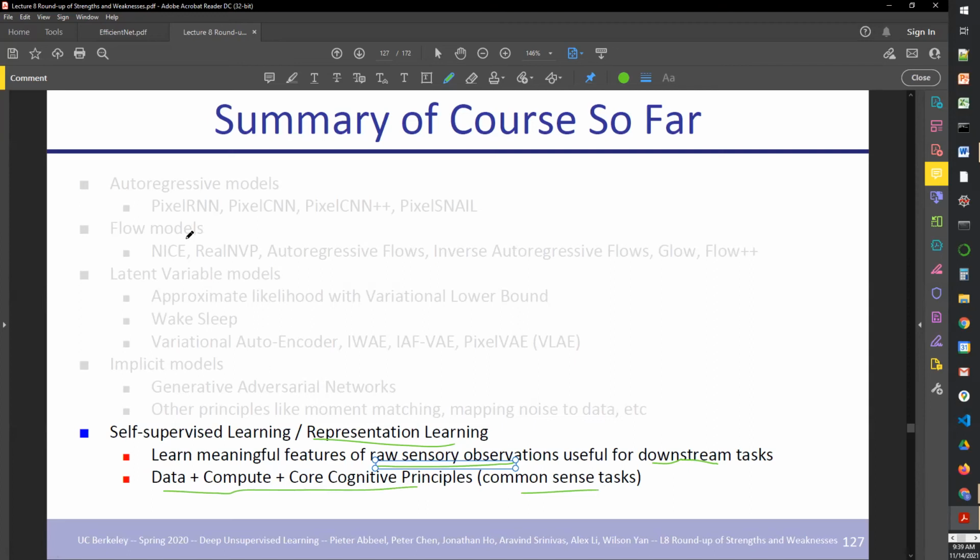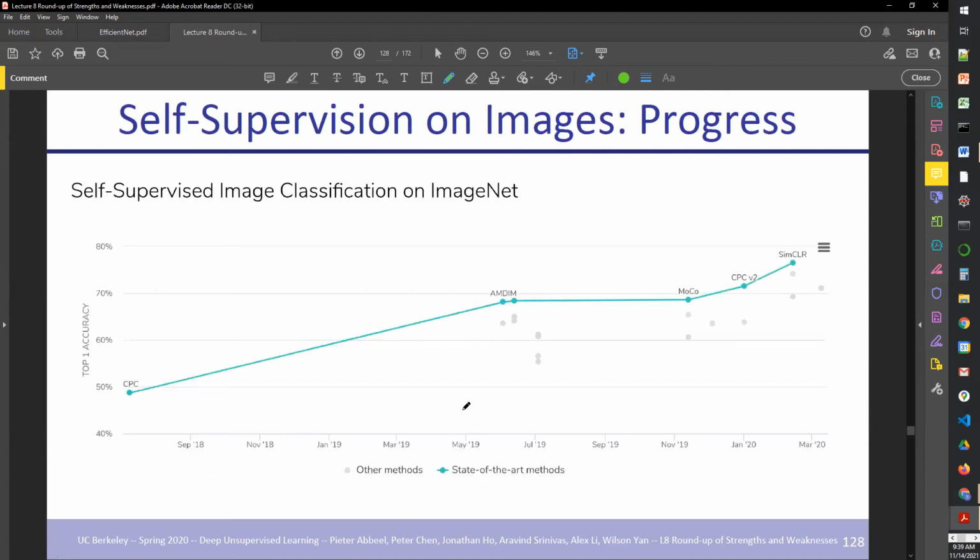So here's the path and how quickly the self-supervised space has improved over, I guess, probably 2 to maybe 3 years up to 2020. And I'll talk a little bit about what is the state of the art today, even in the 2 years since the course was taught.